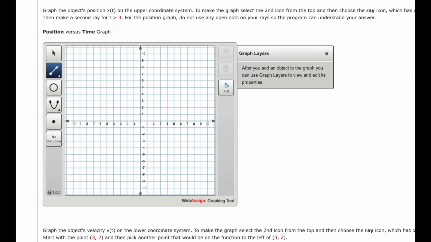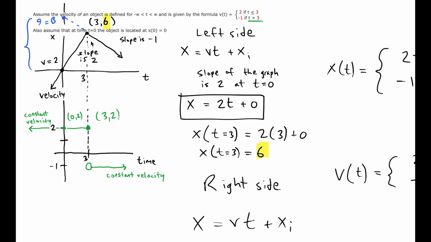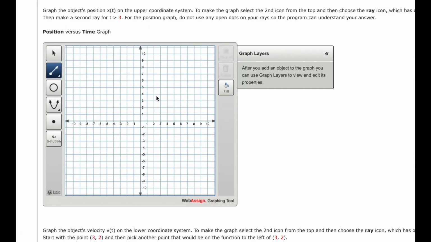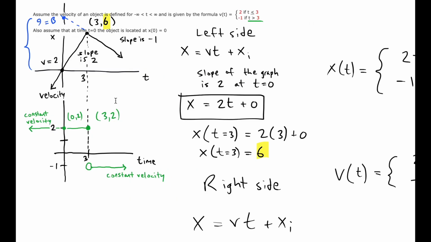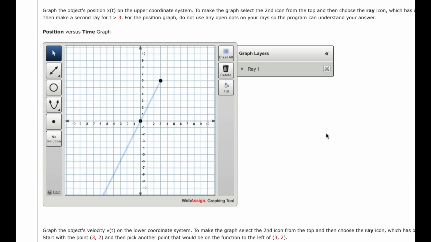So this ray, according to my drawing, terminates at 3 comma 6. So let's start it off at 3 comma 6. And we also know that it goes through the origin, this ray. We were given that right here. All right, so that's one of the rays we need.